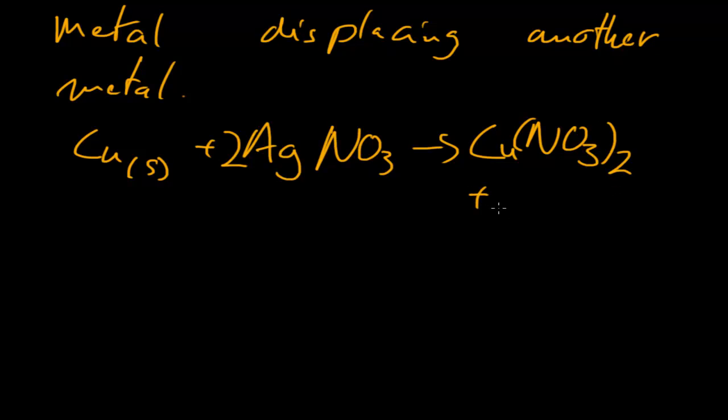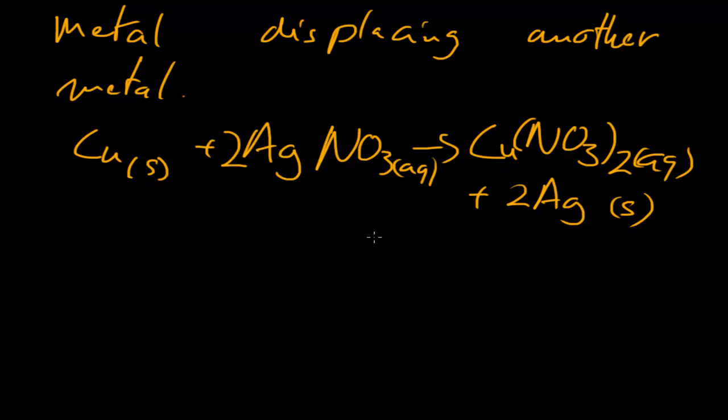Okay, and silver. This is an aqueous solution. Same thing with this one here, and solid state. This occurs in the solution. You have my copper wire floating, and I have silver nitrate in the solution.